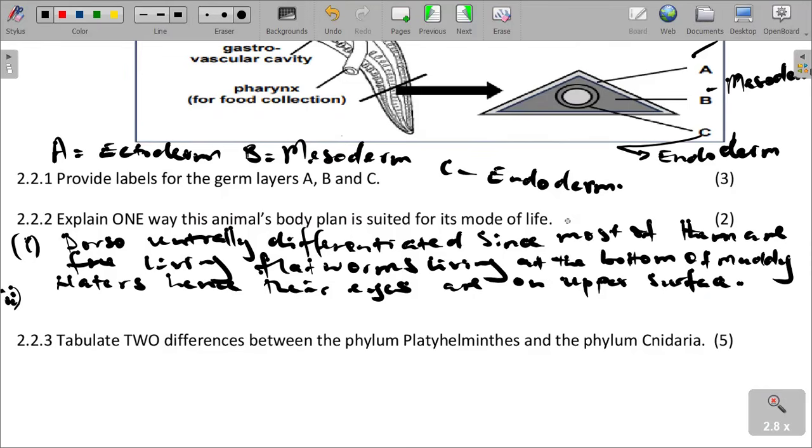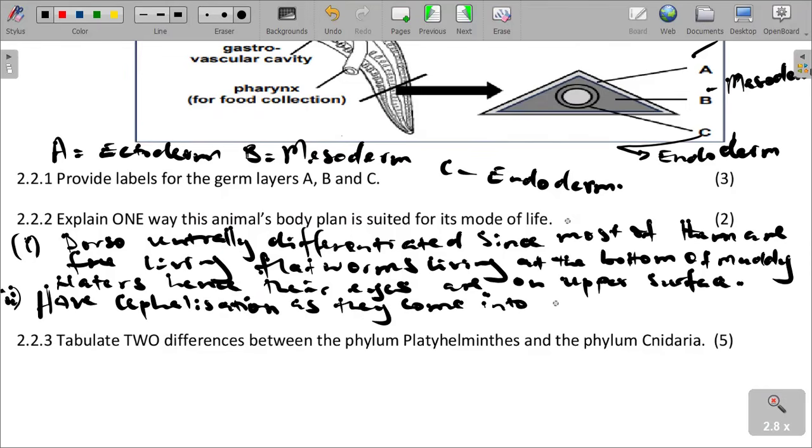They have cephalization as they come into contact with new environments for the first time, with new dangers and food sources regularly.